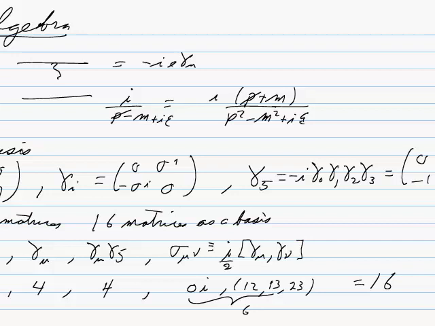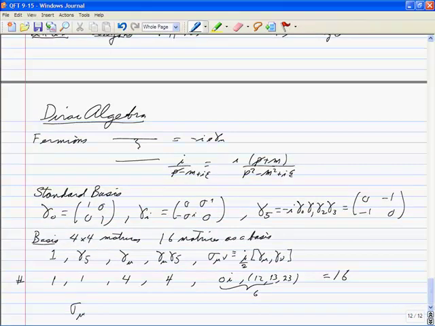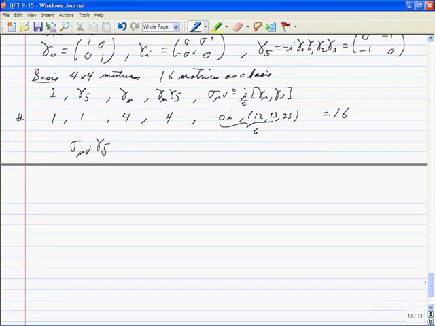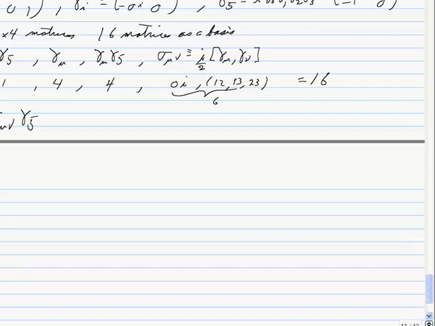So any Dirac matrix that you have can be broken down into products of these. If you look at this pattern, 1, gamma 5, gamma mu, gamma mu gamma 5, you might ask, why not sigma mu nu gamma 5? Sigma mu nu gamma 5 turns out not to be independent.